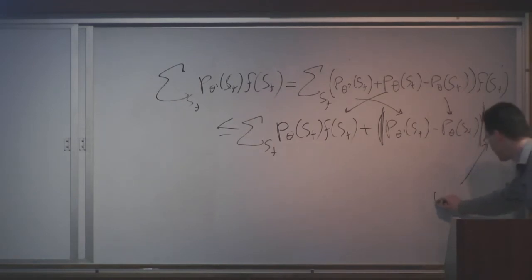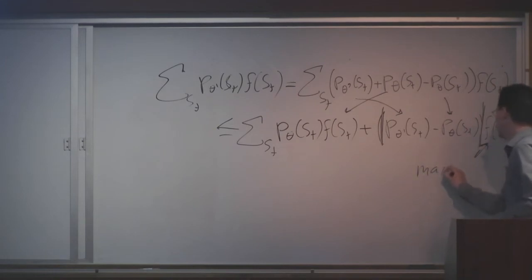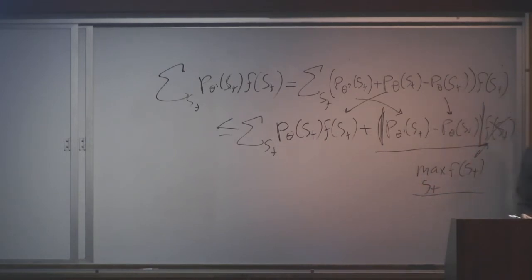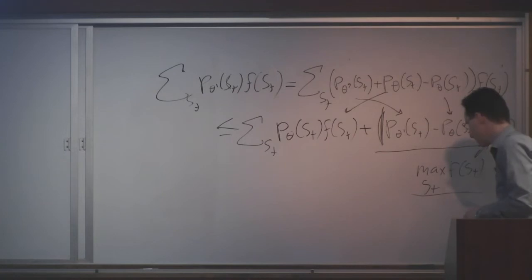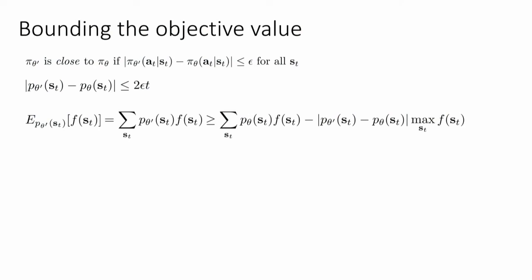So we'll replace it with a max over st of f of st. So now for this other term, we have an absolute value that doesn't depend on st, and we have this max that doesn't depend on st. So these things are now both constants. And we're just left with the first term, which is an expectation with respect to p theta, and a second term that is a constant. And then we can substitute in the 2 epsilon t in place of the total variation divergence between the state marginals, and get this bound.